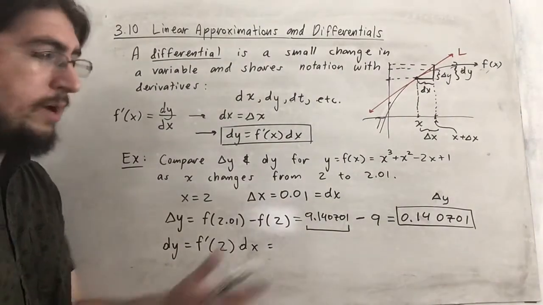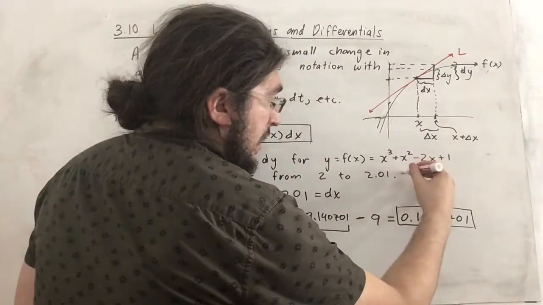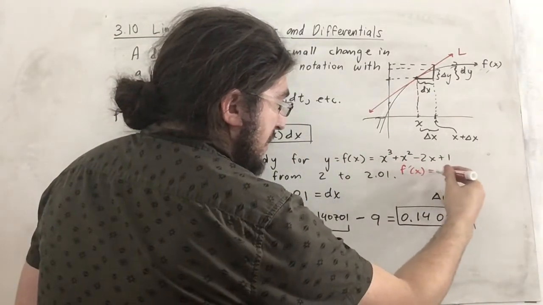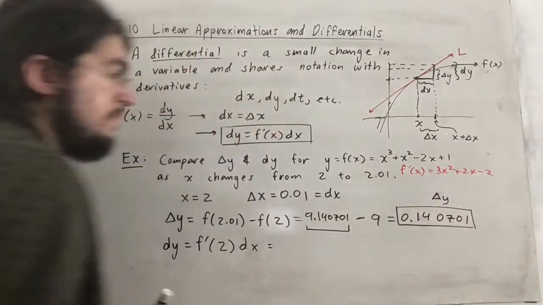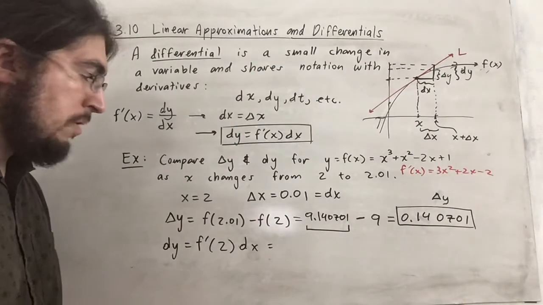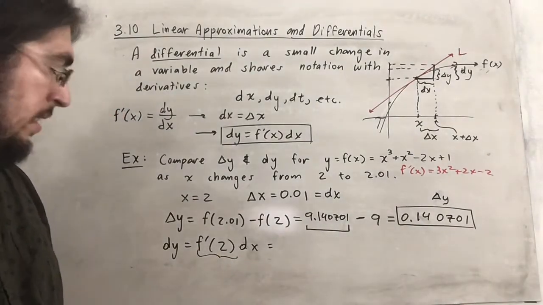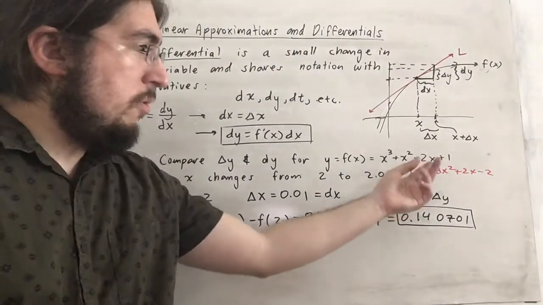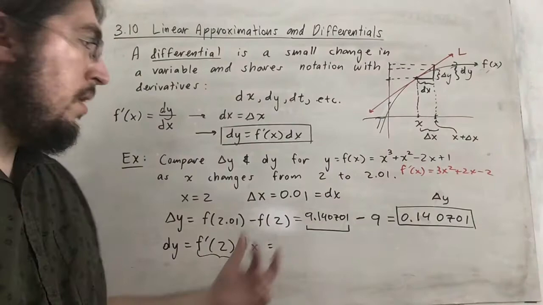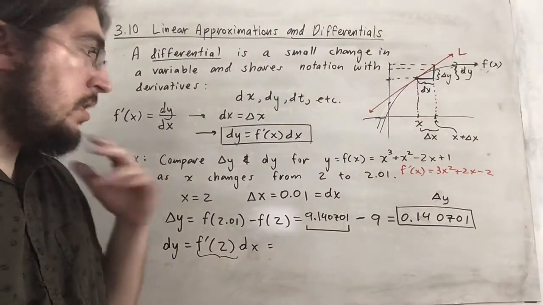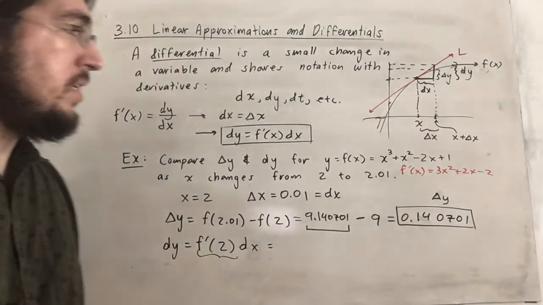The derivative of f of x is 3x squared plus 2x minus 2. When you plug 2 in for x, we can do this in our heads. 2 squared is 4 times 3 is 12, plus 2 times 2 is 4, minus 2. So we get 12 plus 4, which is 16, minus 2 is 14.